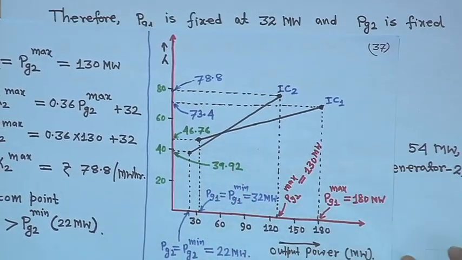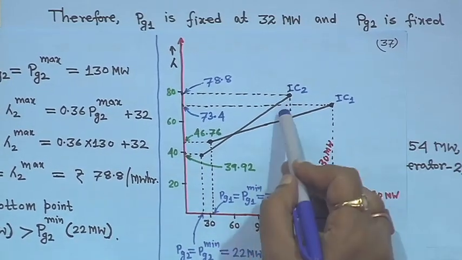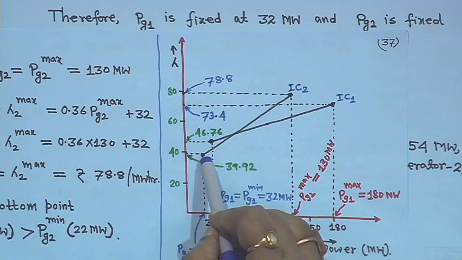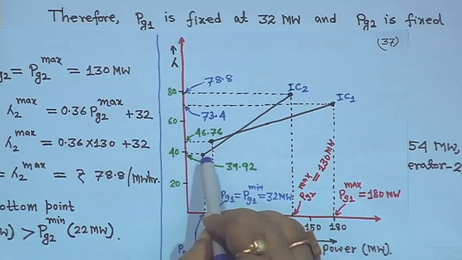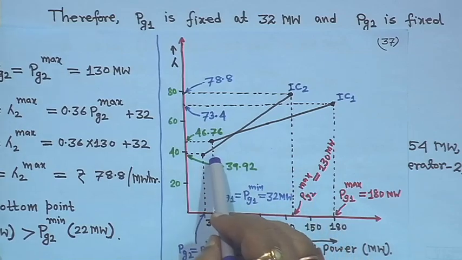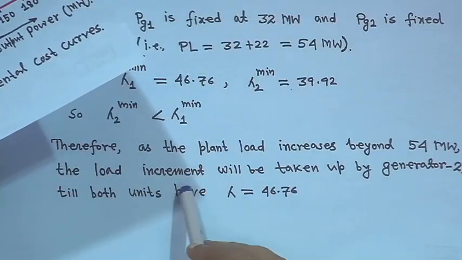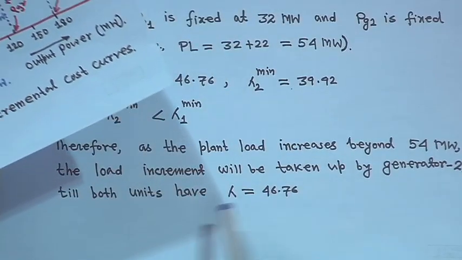So, this IC2 lowest one is 39.92 for IC2. At that time if you increase the lambda until it comes here, the load increment will be taken up by generator 2 till both have equal lambda.